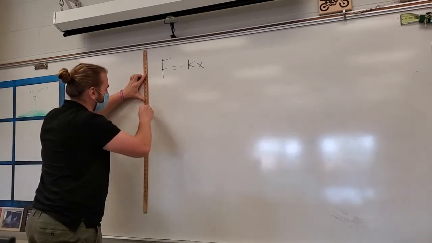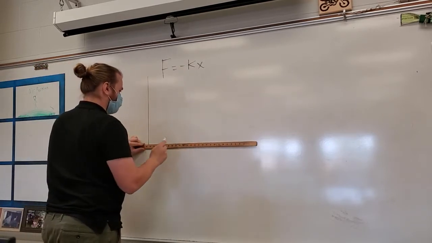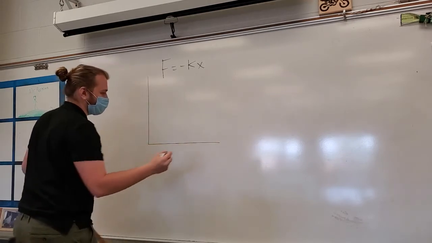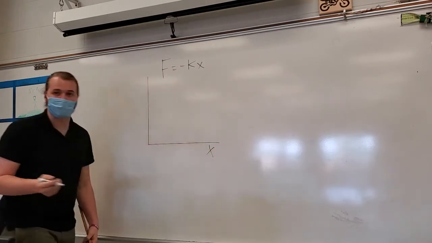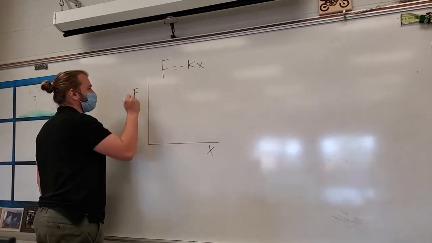Let's say we got our y-axis and our x-axis. So our x-axis we'll say is how far the spring moved from its resting position. And for our y-axis we'll say, okay, this is the force.